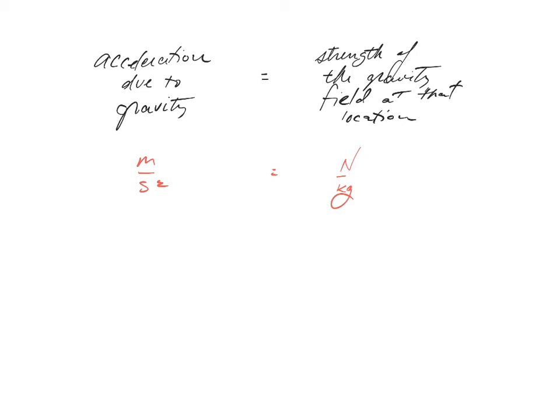No, wait, it's not the same units. A newton isn't the same. Wait a second. A newton is a kilogram meter per second squared, over kilogram. I just replaced newtons with kg meter per second squared. That's based on the second law. Are you guys cool with that? I multiplied the units for m times the units for a. You guys good?